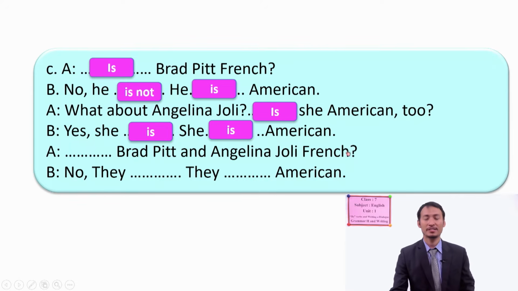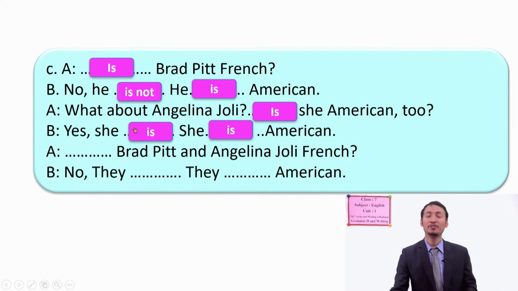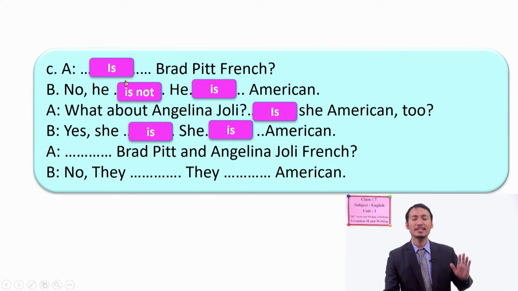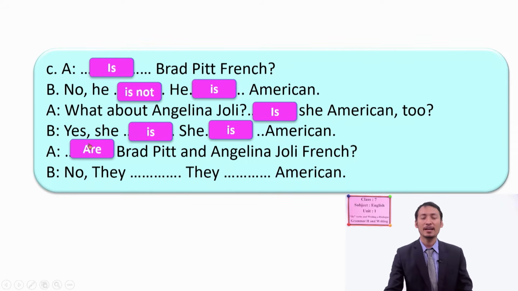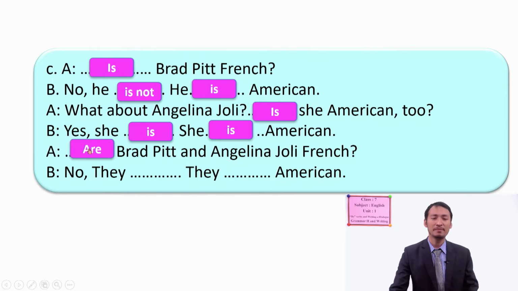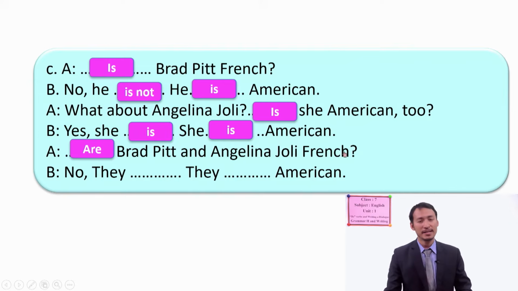Friends, there is a question mark here. So we need a be verb here. So which one do we have here? Is it is or are or am? Look at these two people here. For the plural nouns or subjects, we use the plural be verb are. So are Brad Pitt and Angelina Jolie friends?